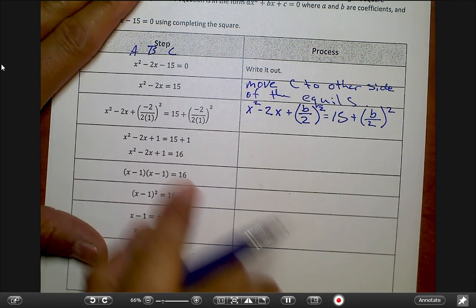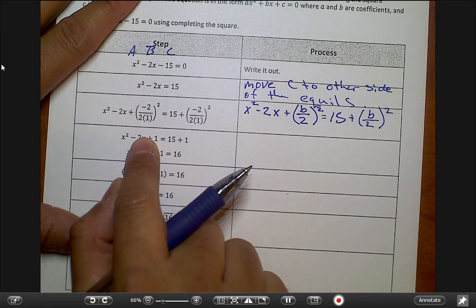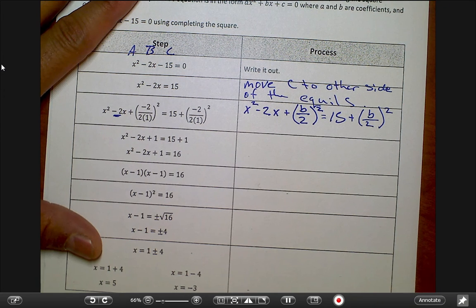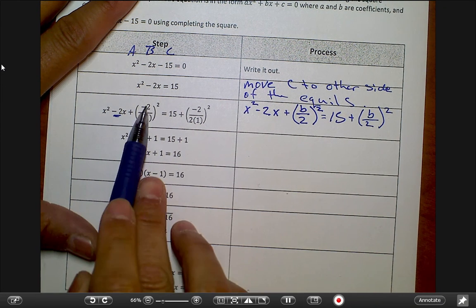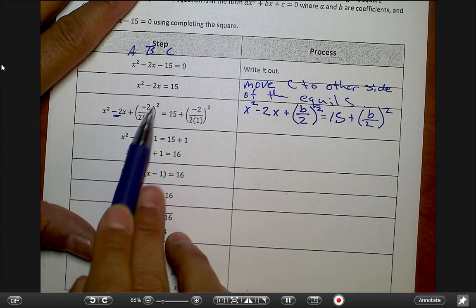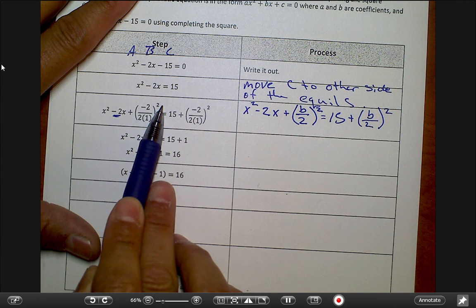Okay, so now in this case right here, my b is -2, isn't it? Yes. So -2 divided by 2. Someone say -1. -1. What's -1 squared? +1.